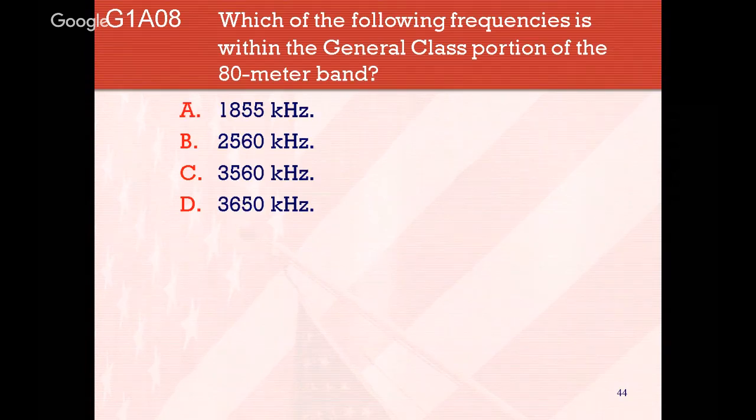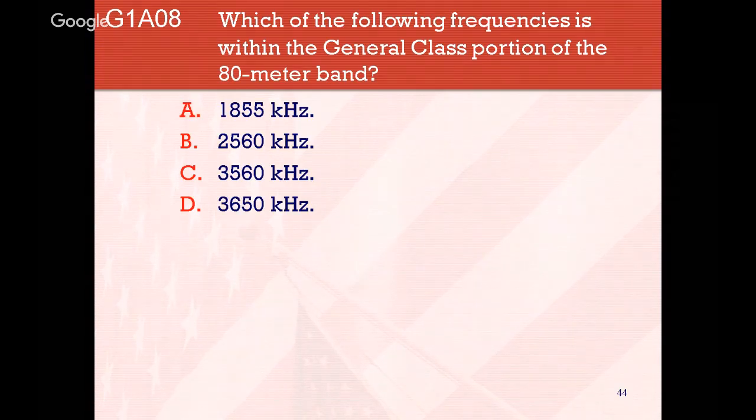Which of the following frequencies is within the general class portion of the 80-meter band? Again, we're talking about 80 meters here, and this has to do with the CW portion, not the phone portion.